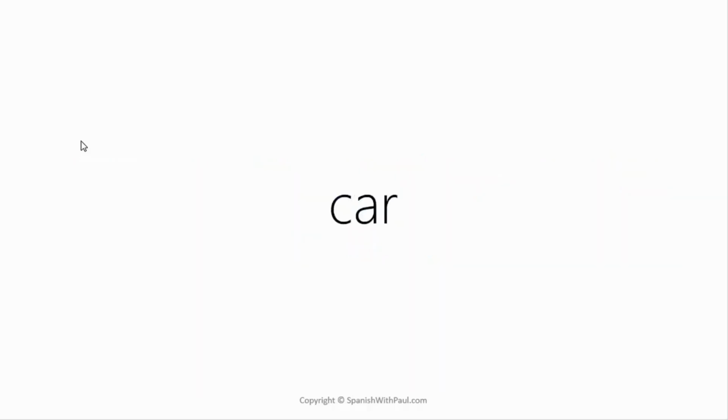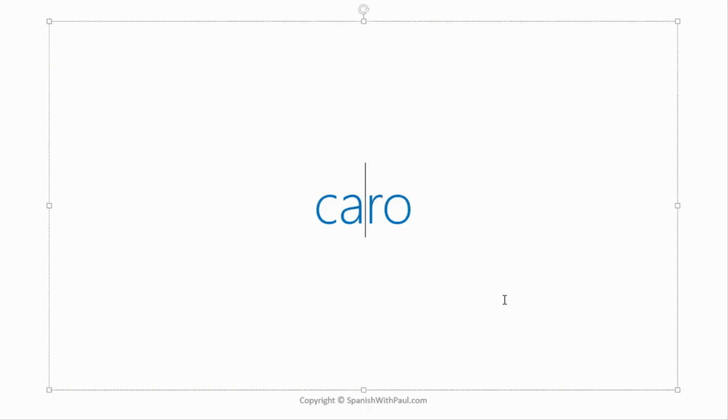The word for car is carro. We have a rolling of the R in the middle. Carro is car. We came across this word before, caro, which means expensive. So it's a very subtle difference between the two. We have caro, where you don't roll the R, meaning expensive, and carro, where you roll the R to say car.